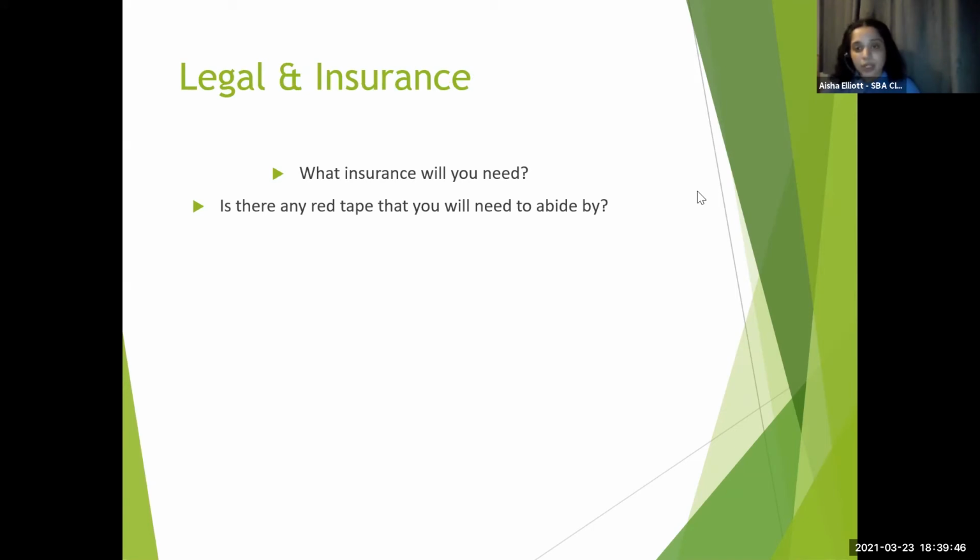And you will also need to think about whether there are any legal or insurance obligations that you will need to adhere to. So does your business have any regulations that it will need to comply with? Are there any particular insurances that you will need to have in place before you can start trading? So we did talk about this in the last session.